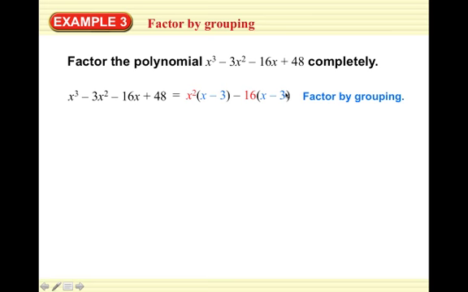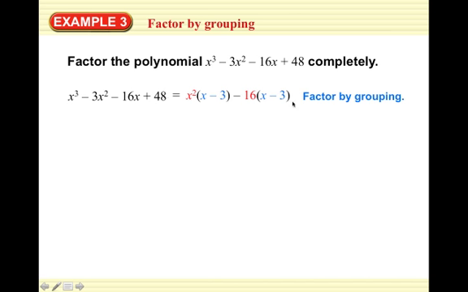Okay, so at this point we have gone from 1, 2, 3, 4 separate terms to one big term and a second big term. So we've got 2 terms, and they actually have a common factor of x minus 3.